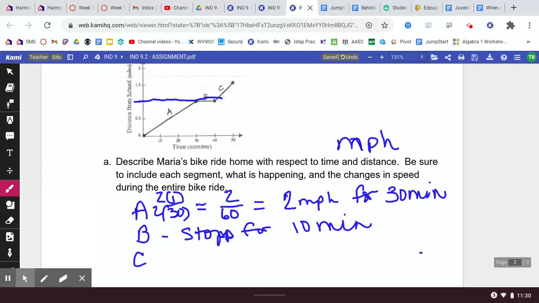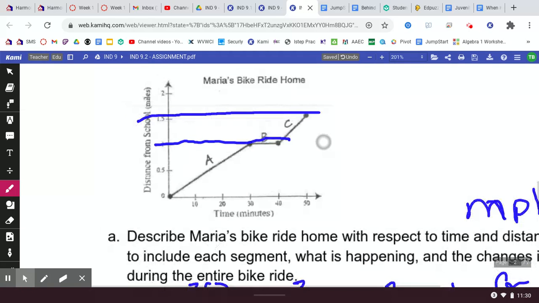Here's section C right here. How far does she travel in section C? From 1 to 1.5. So how far is that? 0.5? You see what I'm, look up at the screen and see if you can see what I'm drawing the lines at. So we're just talking about section C, and it's from 1 to 1.5.